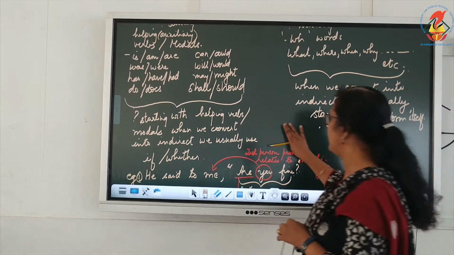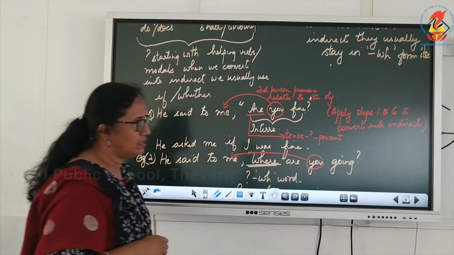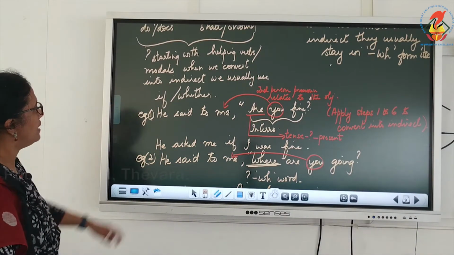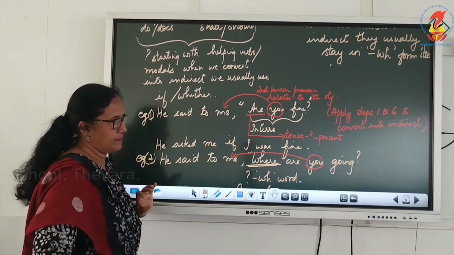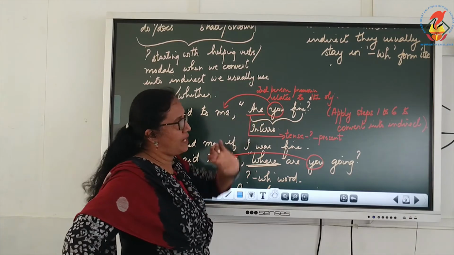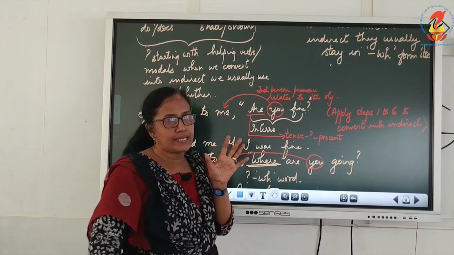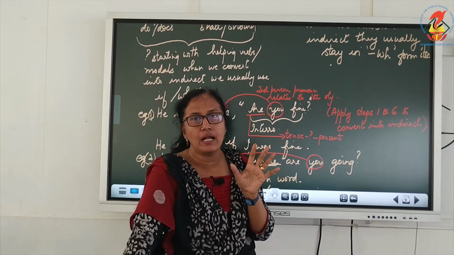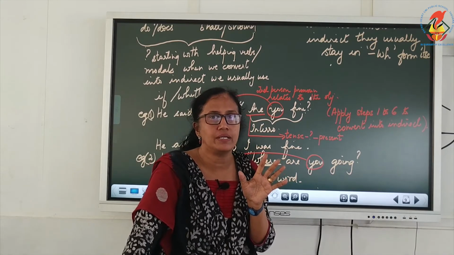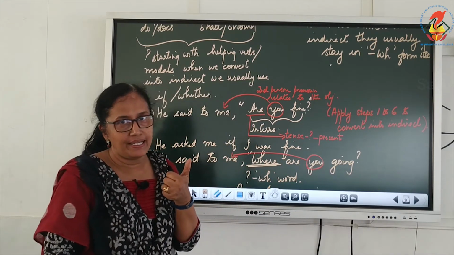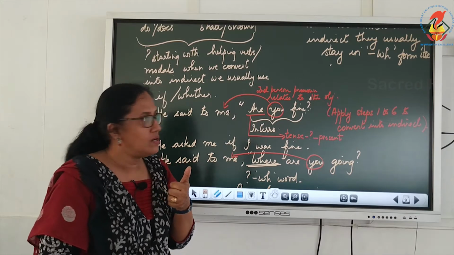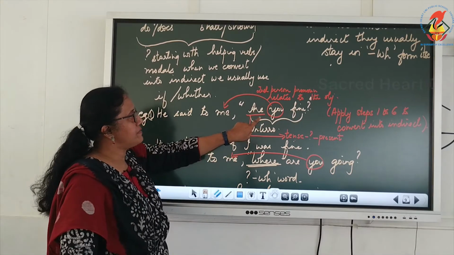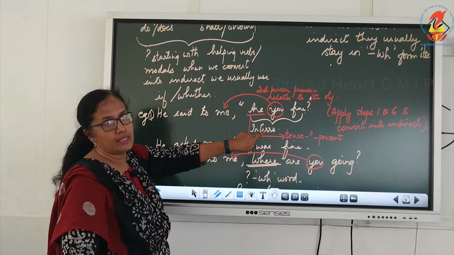Now, you have an example given here. He said to me, are you fine? Now, remember the 6 steps that we use when converting a sentence from direct into indirect. First, identify the type of sentence. When we identify the type of sentence, we come to know it is an interrogative.